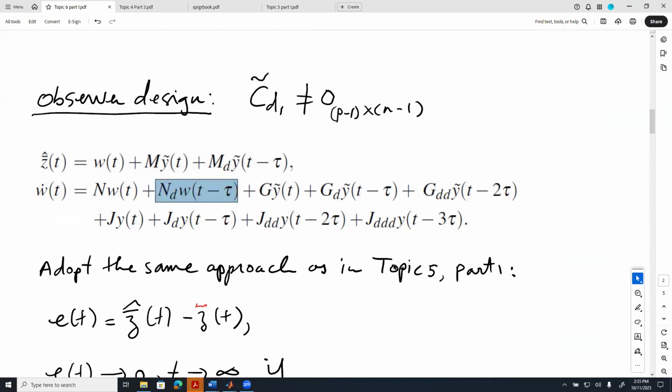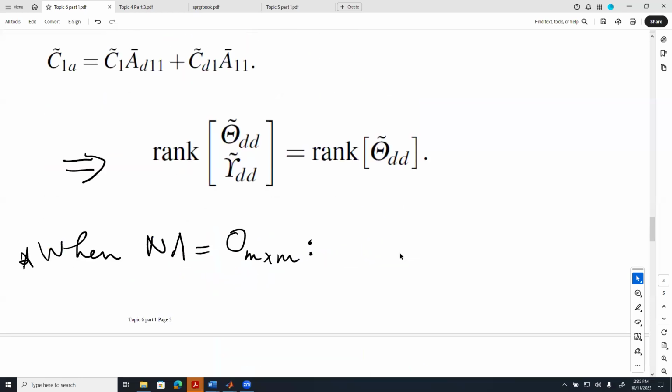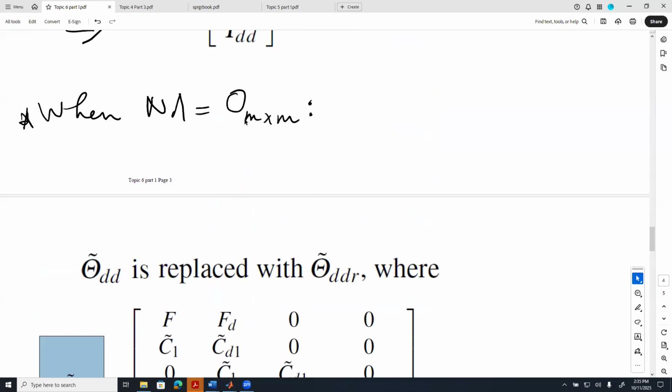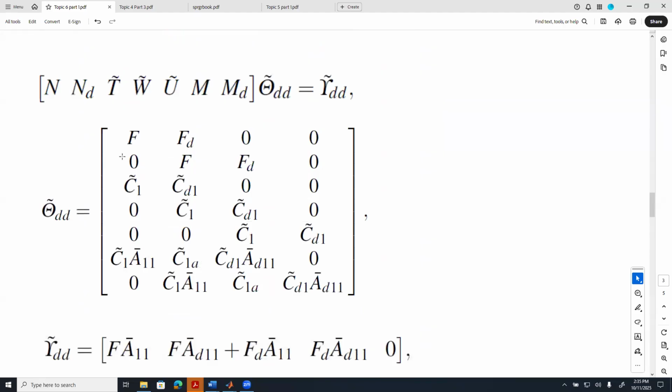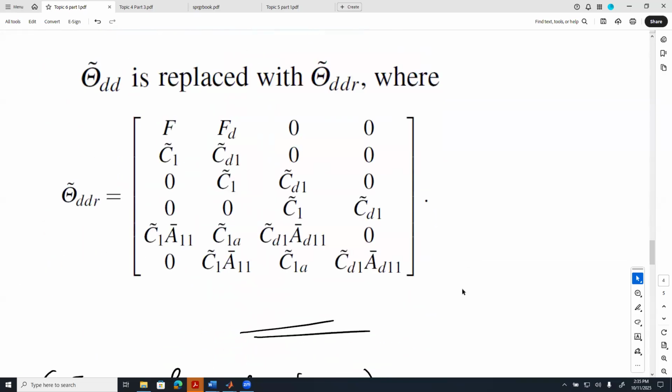We can then test the following condition, which is a reduced matrix, where we remove ND, which means that this block row here is removed. And of course, that gives rise to a more conservative condition. But then the price that we can gain from here, or the reward, is an observer without internal delay.